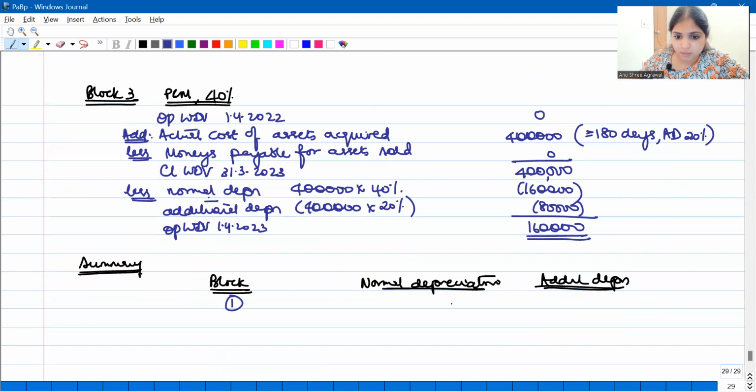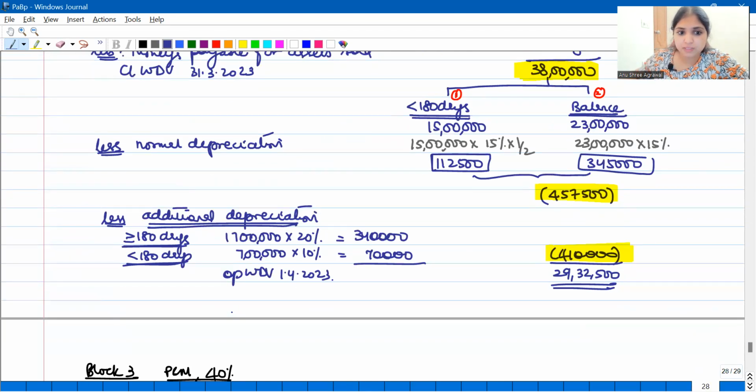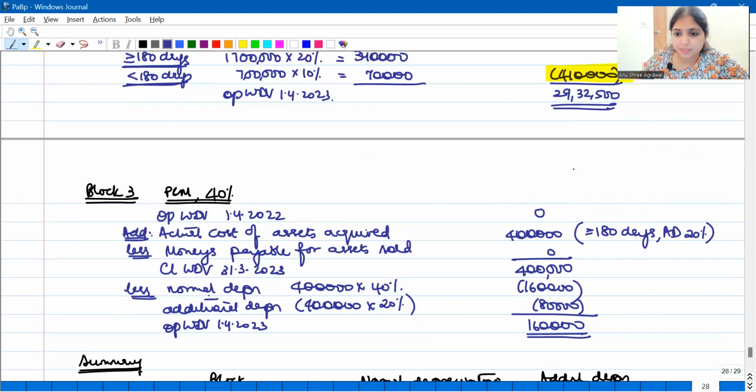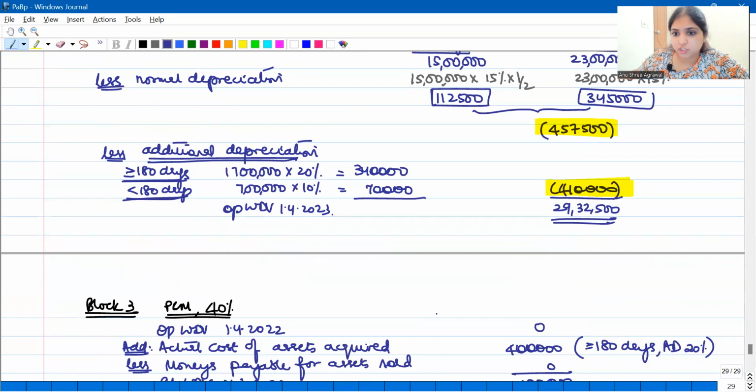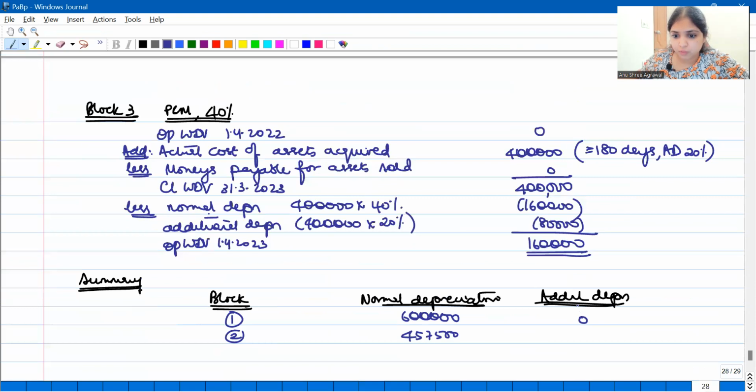You don't have any additional depreciation. Block 2, your plant and machinery 15% block. Your normal depreciation was 4,57,500. Your additional depreciation was 4,10,000. Your block 3, you had normal depreciation of 1,60,000, additional depreciation of 80,000.